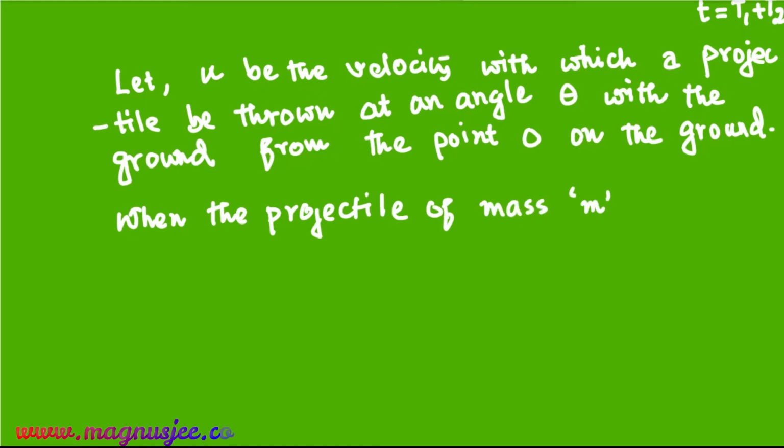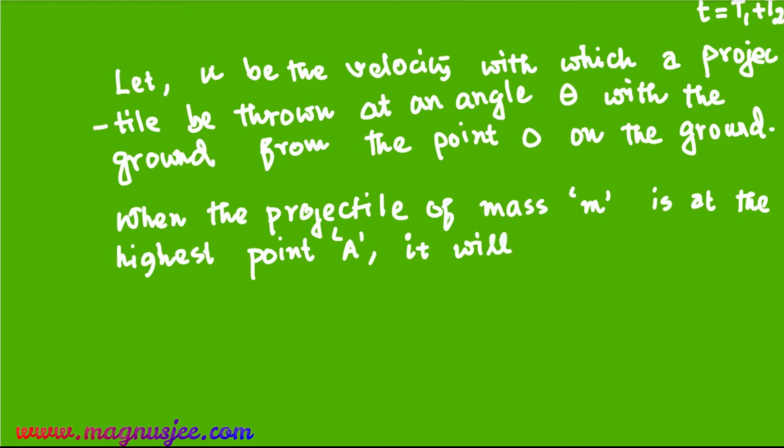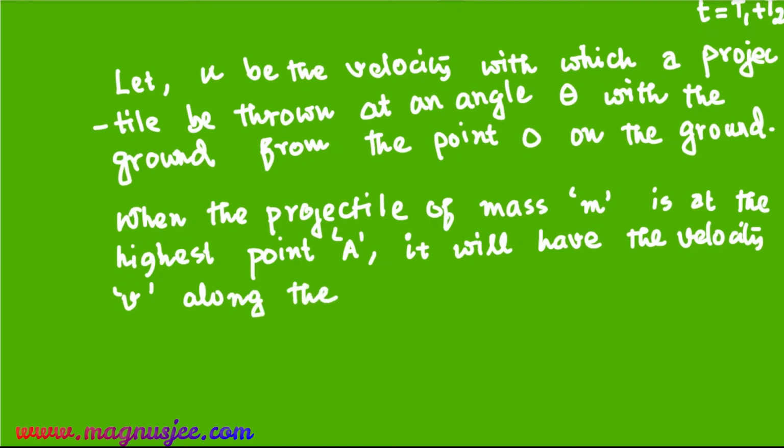When the projectile of mass m is at the highest point A, it will have the velocity v along the tangent AX prime, parallel to the horizontal direction.